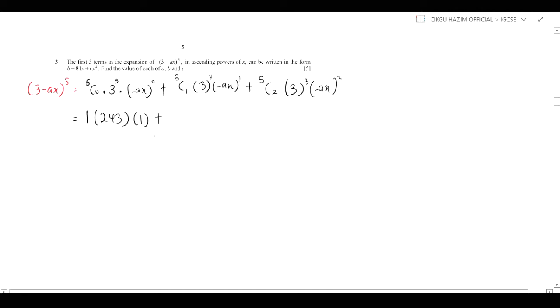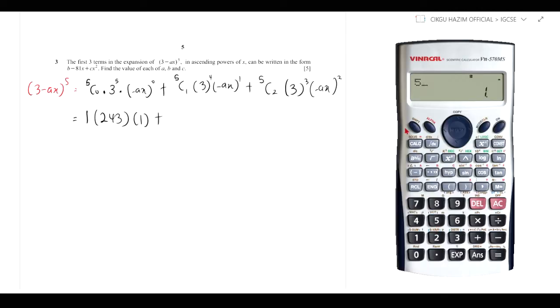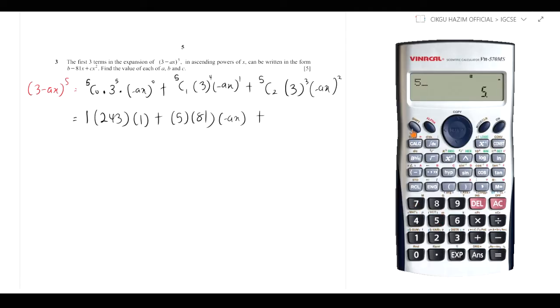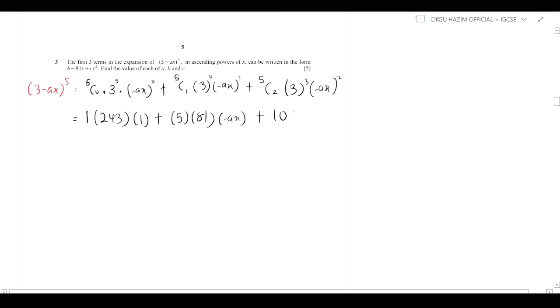Plus 5C1, which is 5. 3 to the power of 4 is 81, and negative ax to the power of 1 is still negative ax. Plus 5C2, which is 10. 3 cubed is 27, and here it would be a squared x squared. That's how we do it.